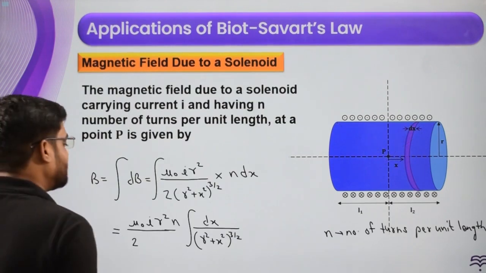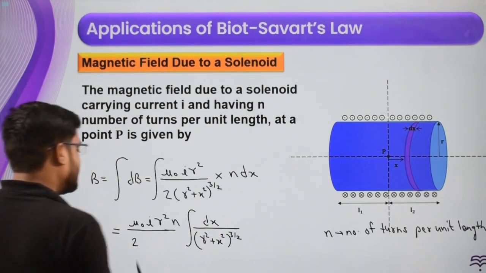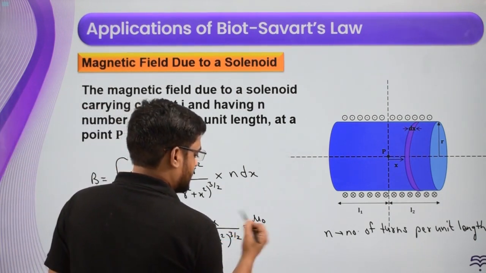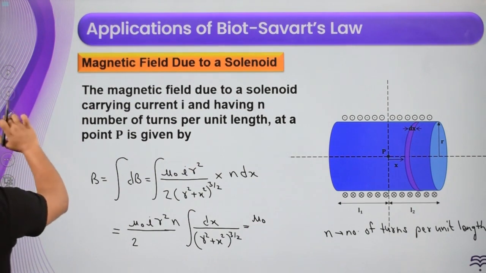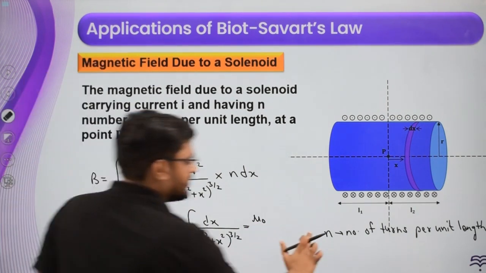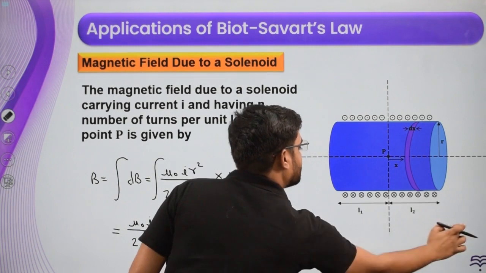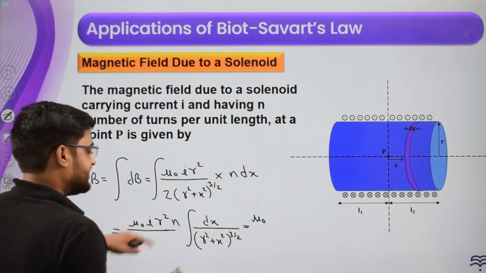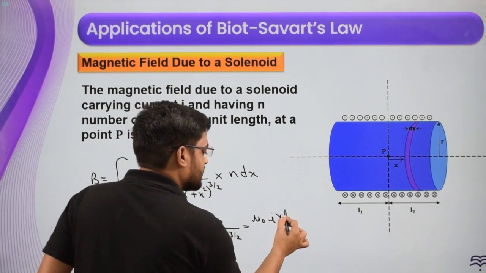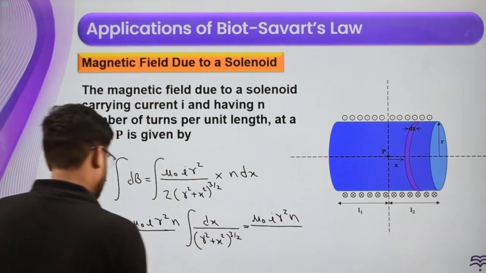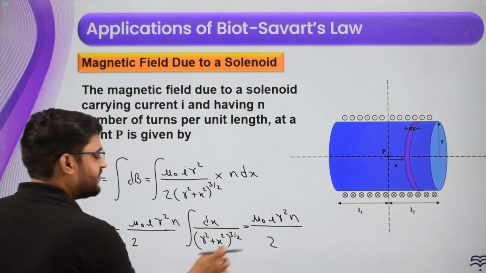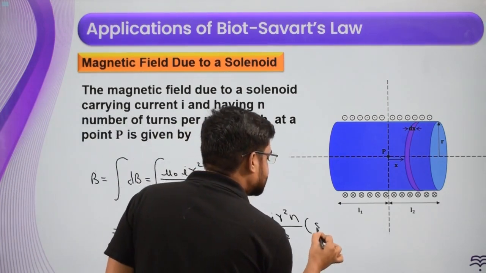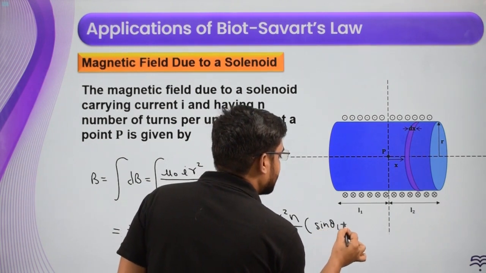So this expression was this integration. It is mu naught I r square n over 2. And the integration of this thing we already did. It was 1 by r square, in brackets sine theta 1 plus sine theta 2.